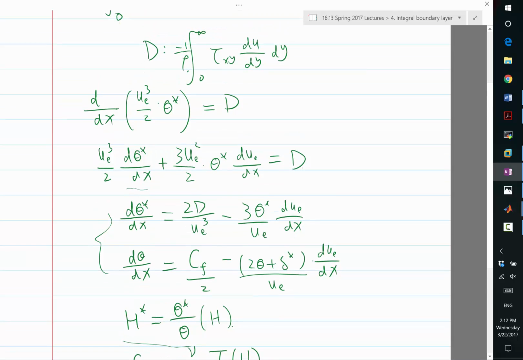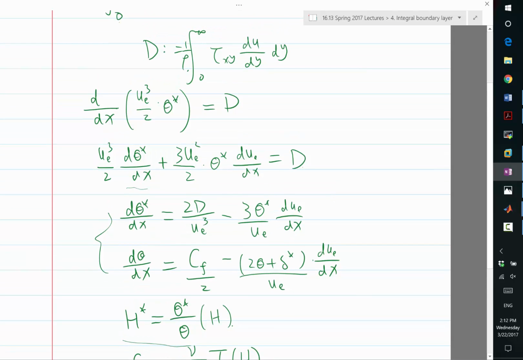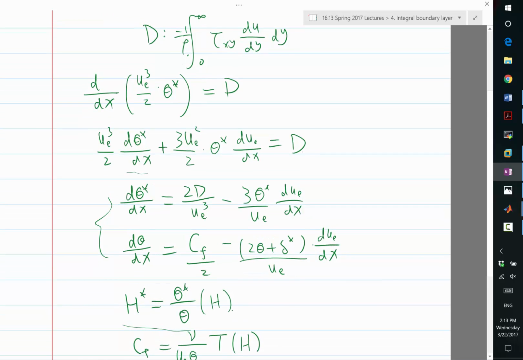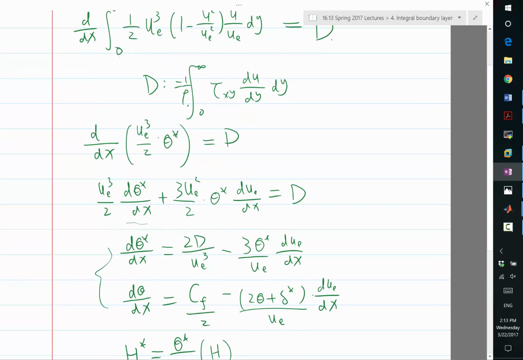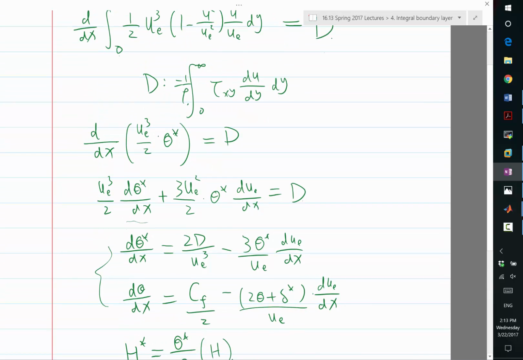Okay, because if you look at the definition of D, if you scale ue, in what way is it going to be scaled? So yeah, if you scale ue, that seems to be scaling as u squared, which doesn't make sense here. There has to be also nu involved.